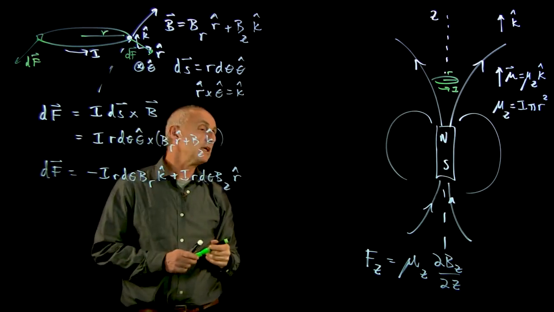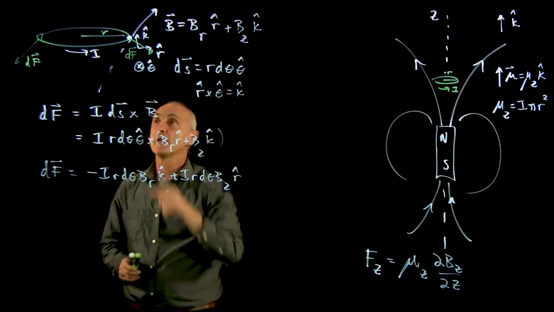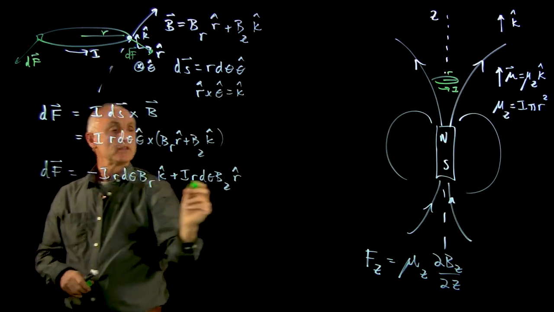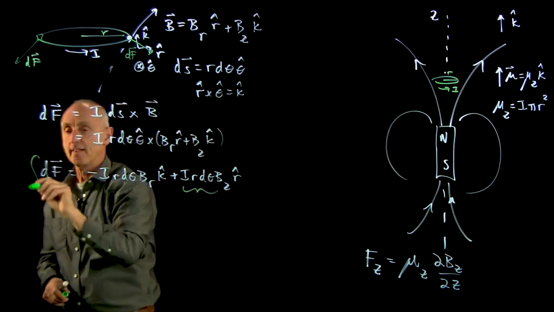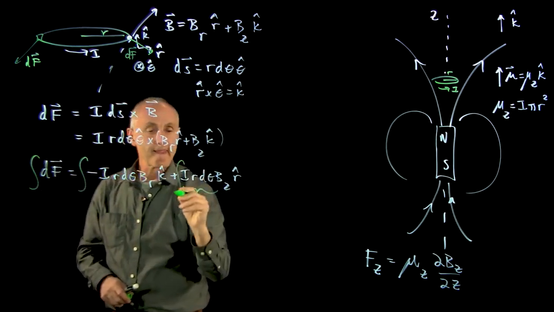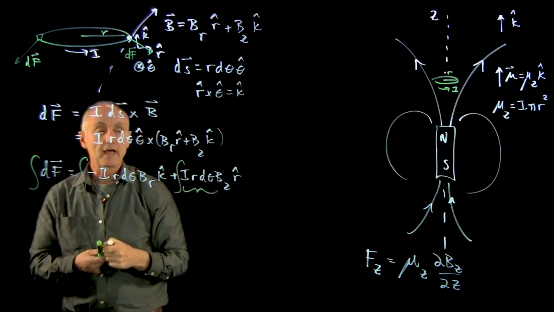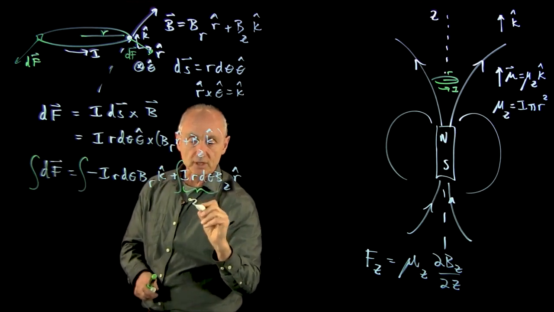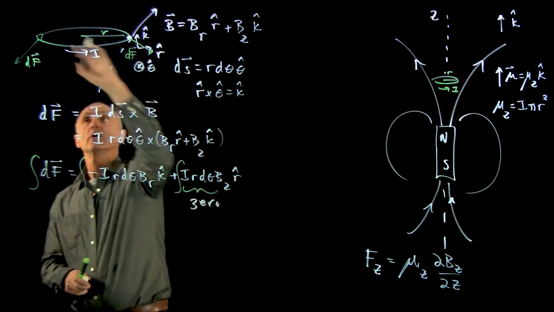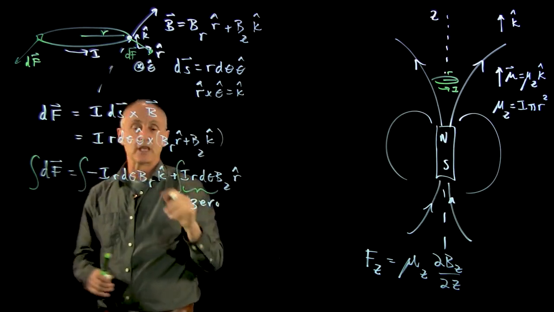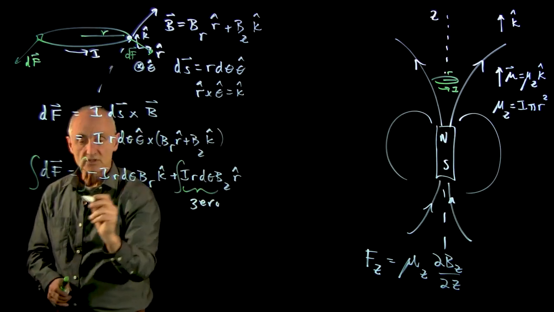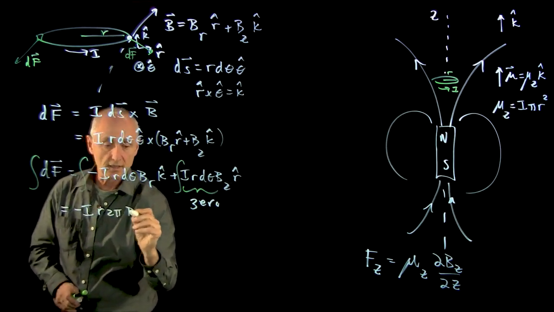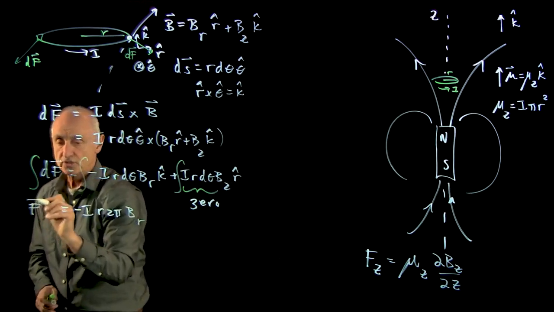And as you go around the loop, on every side of it, there will be a little dF pointing down. So what we're seeing here is that when we integrate over the whole loop, this piece will integrate to 0. So this becomes 0, and that's the symmetry. The radial pieces cancel, and we're only left with this vertical piece, and that's equal to minus I r 2 pi Br, the force on the wire.